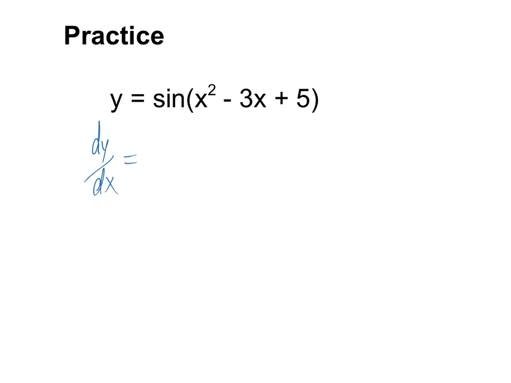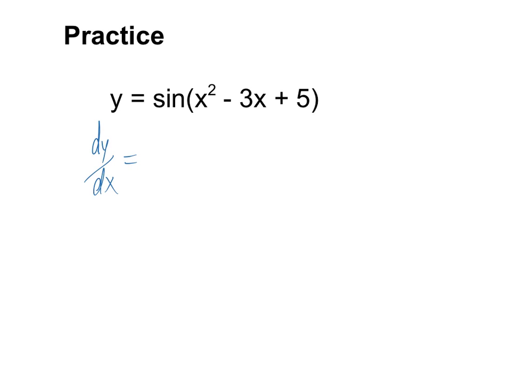Positive cosine? Well, the derivative of sine is cosine, but what rule am I going to have to use here? Could we use product rule if we factored it? This is not a product. Remember, sine is a function.